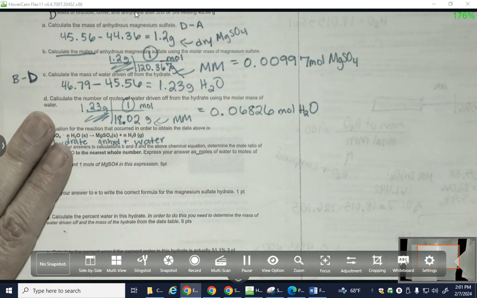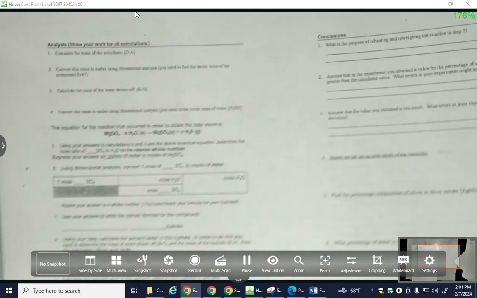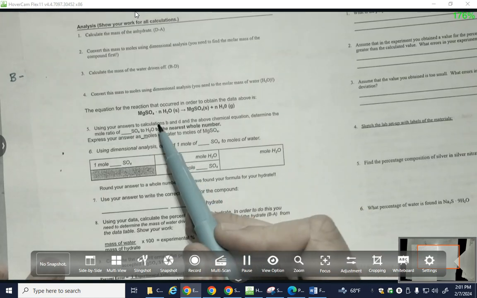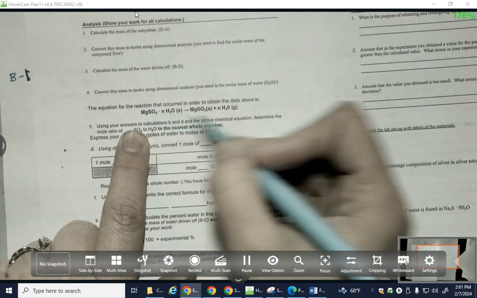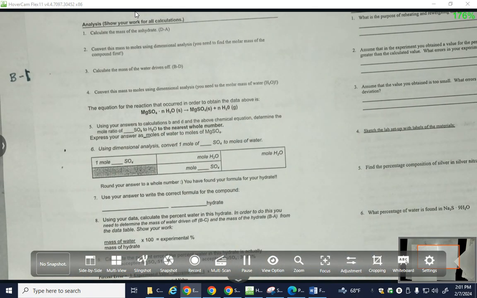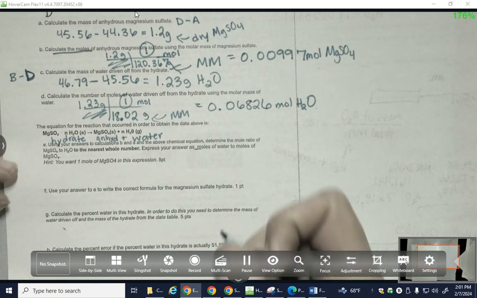Which, by the way, side note, on your lab paper, I'm so sorry, my people who had copper sulfate. I did not type that one correctly. You should just make sure you go through and cross out and put Cu if you had the copper sulfate. I'm so sorry I didn't update that, okay? All right. If you didn't have blue, don't worry about it.